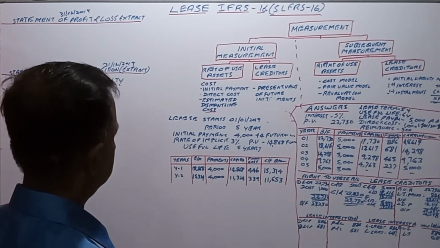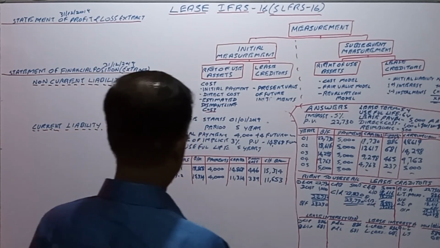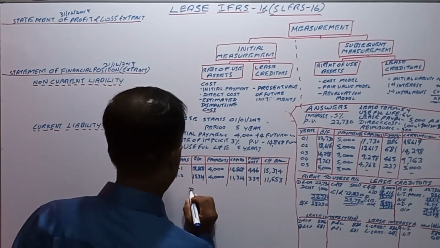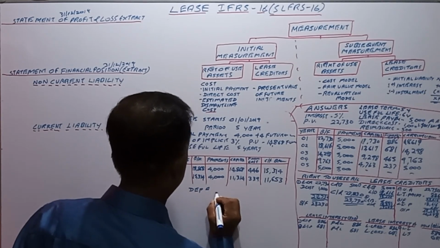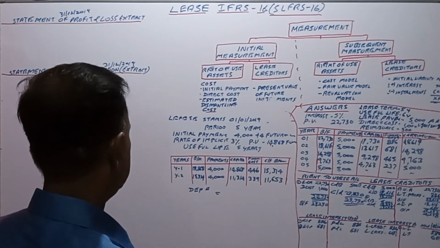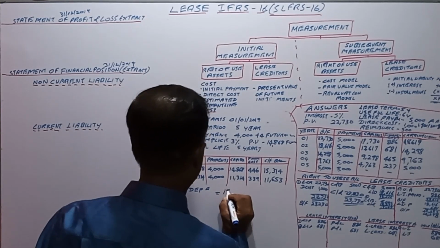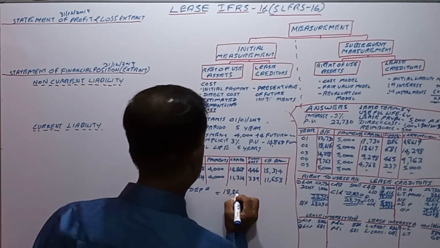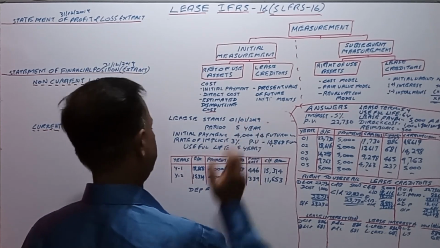Thereafter we have to calculate the depreciation. Depreciation is the value 18,868 divided by the useful life of 5 years.